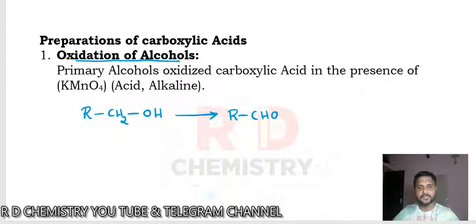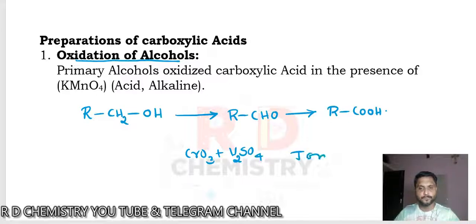But the reaction doesn't stop at the aldehyde stage. They further oxidize to give carboxylic acids. We can also make use of CrO3 in sulfuric acid, which is also called the Jones reagent. Okay.